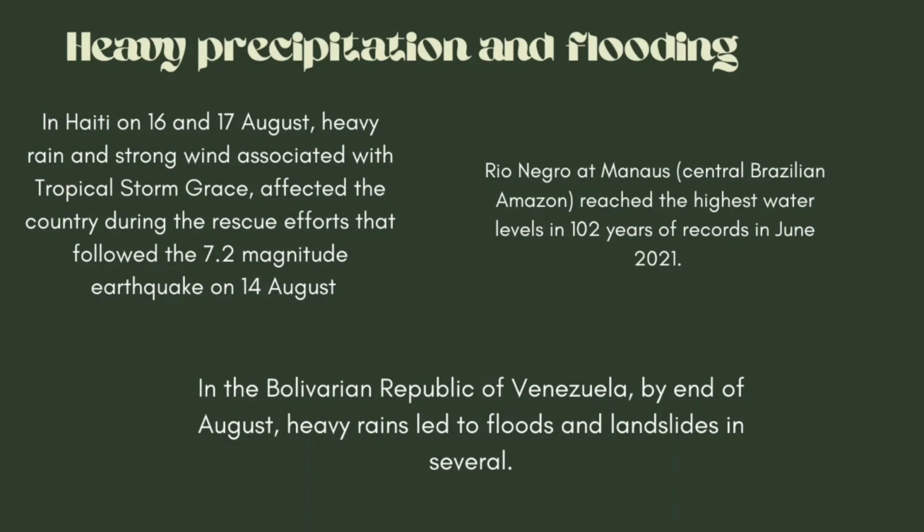This is because warmer air can hold more moisture, leading to more intense rainstorms and increased likelihood of flooding. Also, topography, the shape and features of the land, can play a role in heavy precipitation and flooding. Areas with steep slopes, narrow valleys, or low-lying areas are more susceptible to flooding. In addition, urbanization and development can alter natural drainage patterns, leading to increased flood risk.